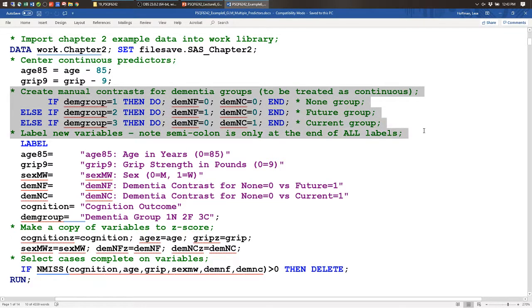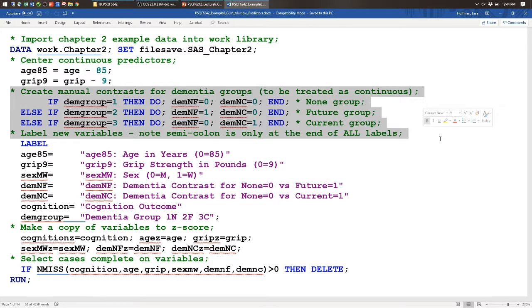Dementia group, I am creating dummy codes. I have NFC as my naming convention here. None is group 1, future is group 2, and 3 is current. These are potential diagnoses of dementia that the people in the sample can have. So what does it mean that I have set group 1 equal to 0 in creating my new predictors here? That's going to be my intercept, exactly.